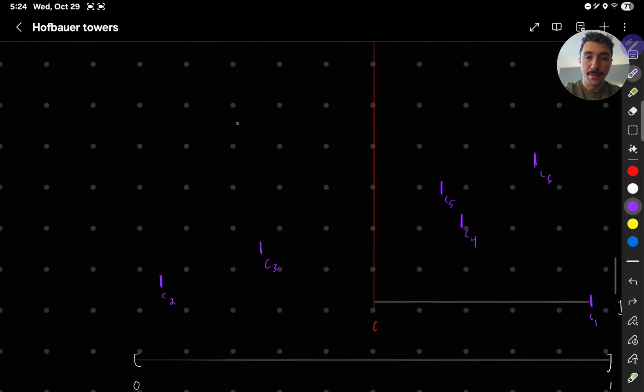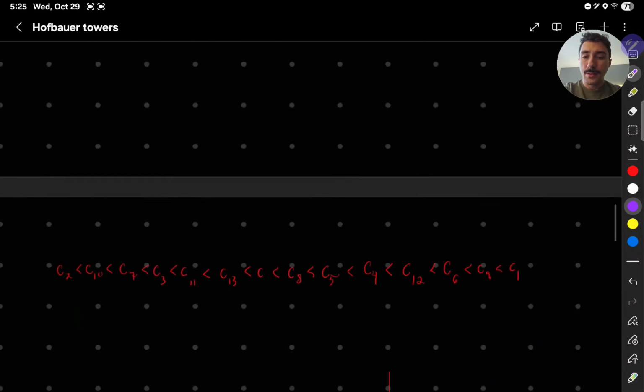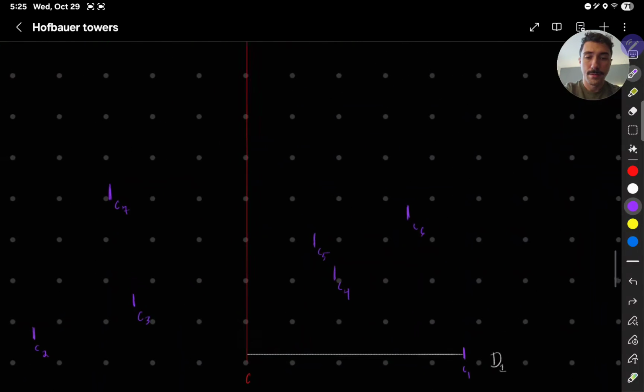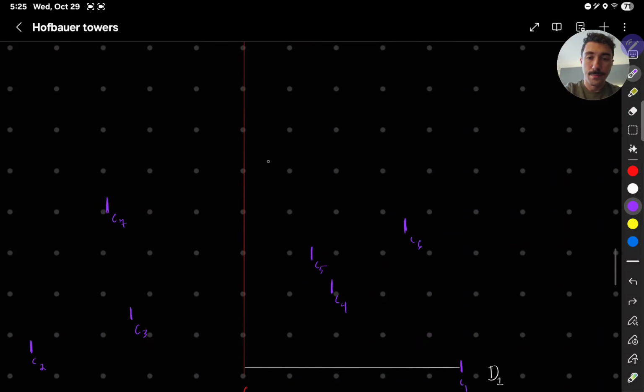And make sure these are all on separate levels height-wise. C8, just to the right of C, between C and C5. Maybe a little lower.